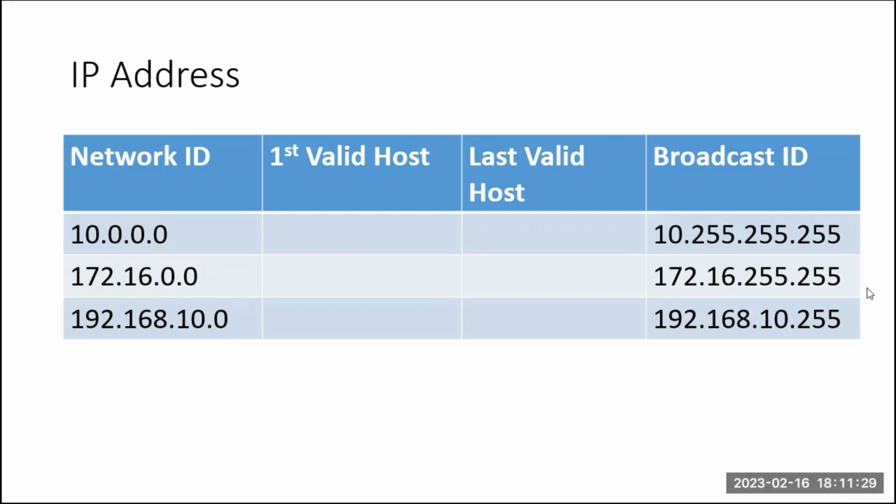See your hand raised. Just out of curiosity, sir, if I was to ping the 10.255 broadcast ID, would I get a reply from every computer on the network? No, this is used by the router to send out the message.